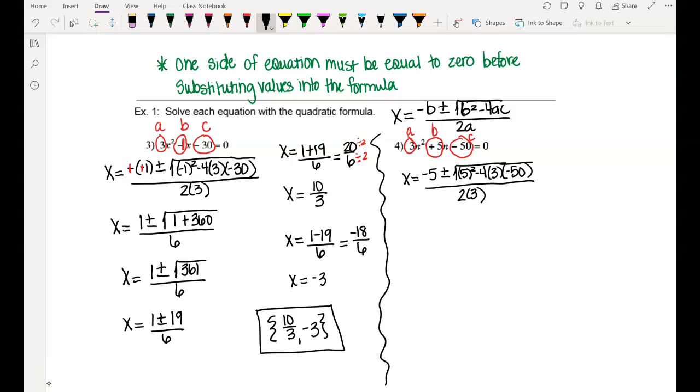So again, at that point, I've just substituted in my values for A, B, and C into the formula. So I have x equals negative 5 plus or minus the square root. 5 squared is 25. Negative 4 times 3 is negative 12. Negative 12 times 50 is a positive 600, divided by 6.